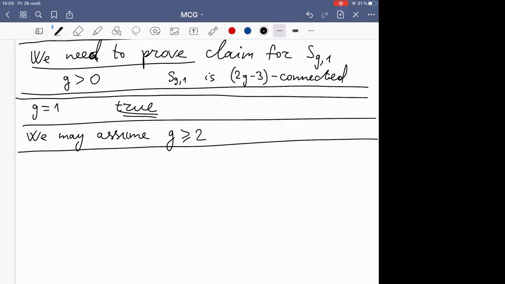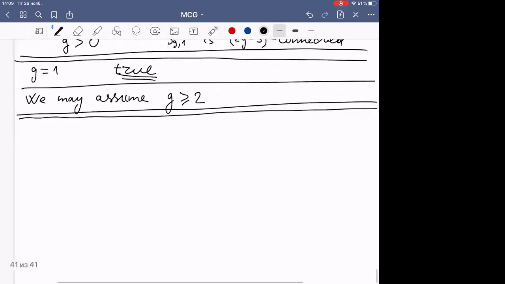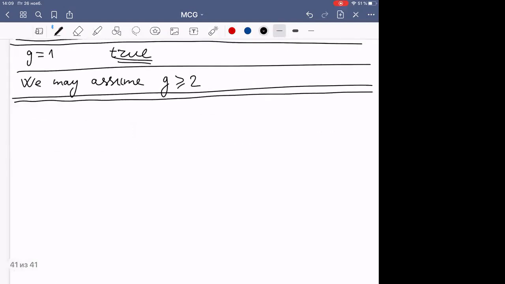Here, the idea is, well, there are several possibilities to do this. I like the following idea. We may understand topological properties of the curve complex by thinking of it as a subcomplex of the arc and curve complex.